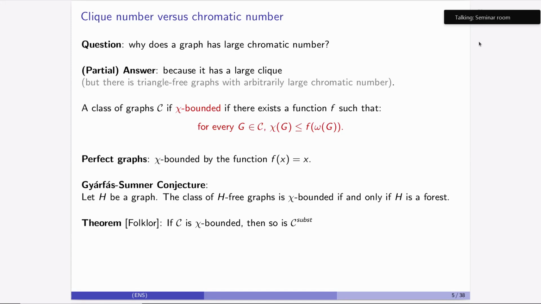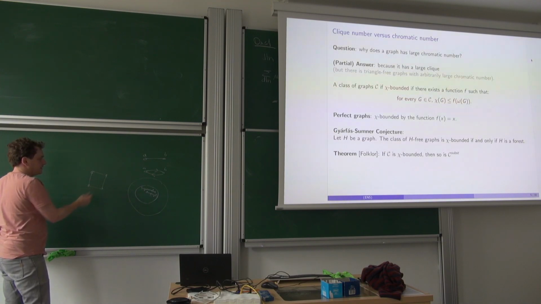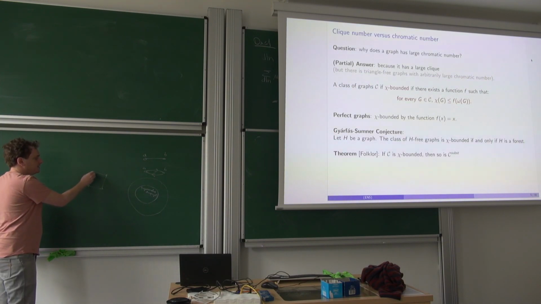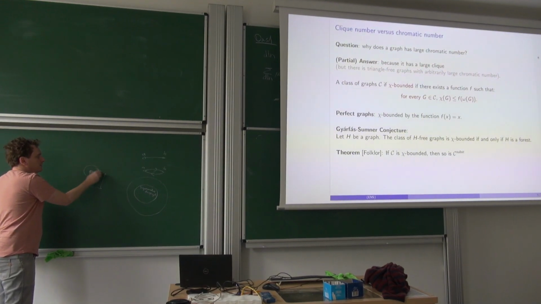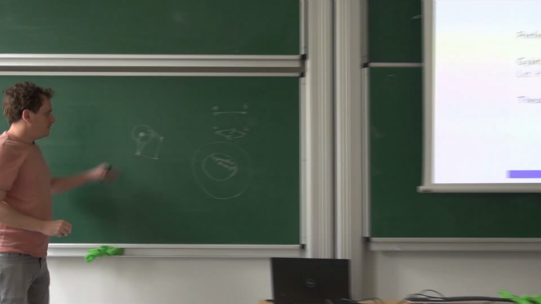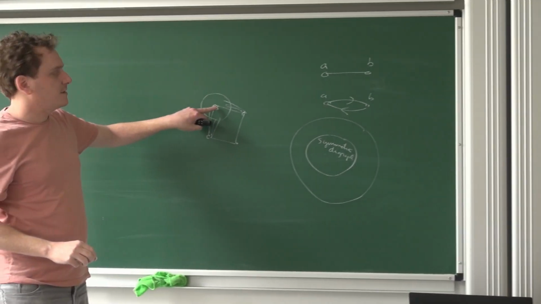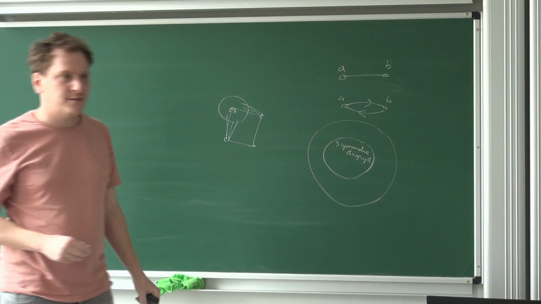Another theorem that I will speak about, which is kind of folklore, is this: if you have a chi-bounded class of graphs C and you close it under substitution, it means that I can replace any vertex by any graph in the class, where every vertex of the replacing graph has the same adjacency as the vertex it replaced.